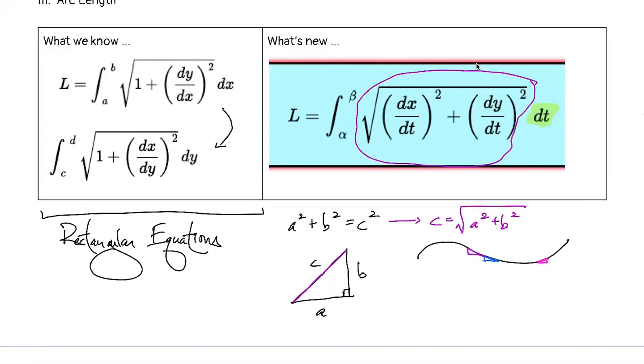Okay, so that square root symbol is there because otherwise I would be finding the hypotenuse squared, but I just want to find the hypotenuse. And then the last piece of notation, this integral symbol, we know it as an integral symbol, but what that really means is after you cut the curve into tiny, tiny pieces, you need to add them all together. And it even tells you where to start adding and where to stop adding.